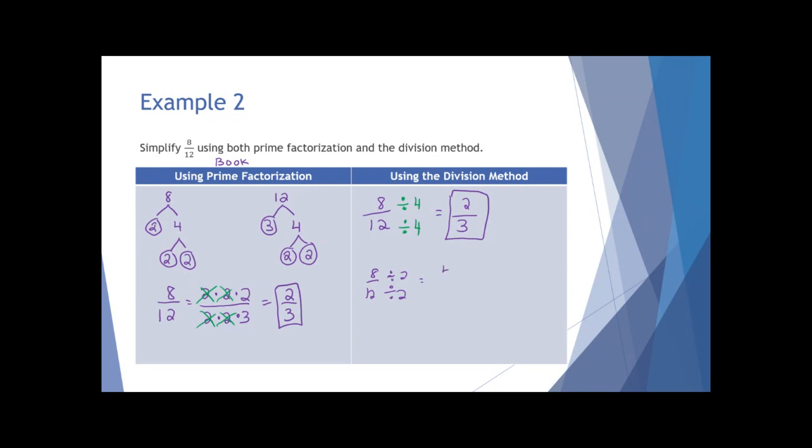So 8 divided by 2 is 4, 12 divided by 2 is 6, but then you have to do it again. So sometimes the division method means you have to do it more than once to get down as far as you can. It depends on what numbers you pick. So if you have really big numbers, using the division method could be a slow process, and sometimes then prime factorization is easier.